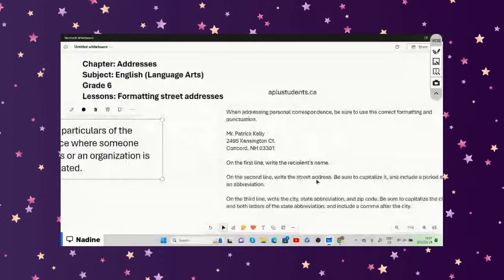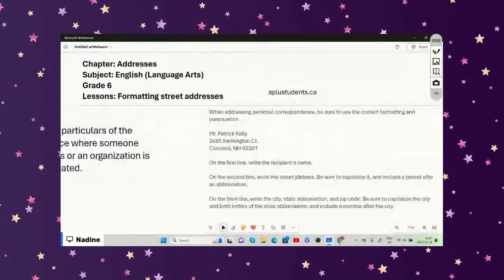And when addressing personal correspondence, be sure to use the correct format and punctuation. The sentence says when addressing personal correspondence, it's like if you're having some form of communication with someone, let's think of letters.